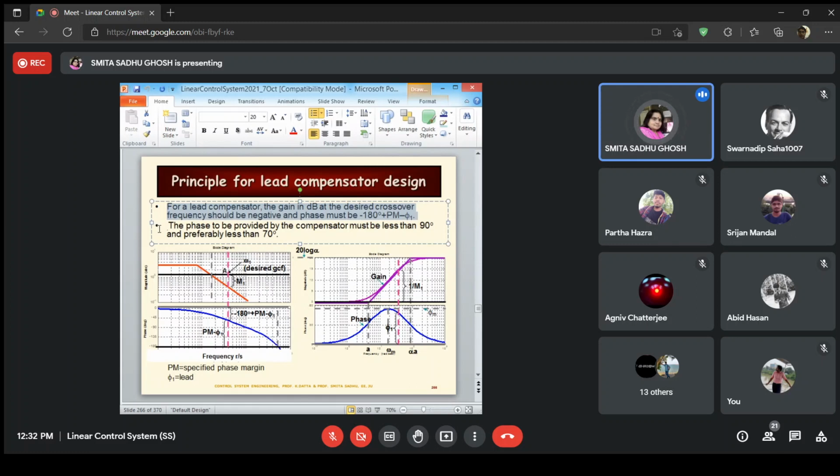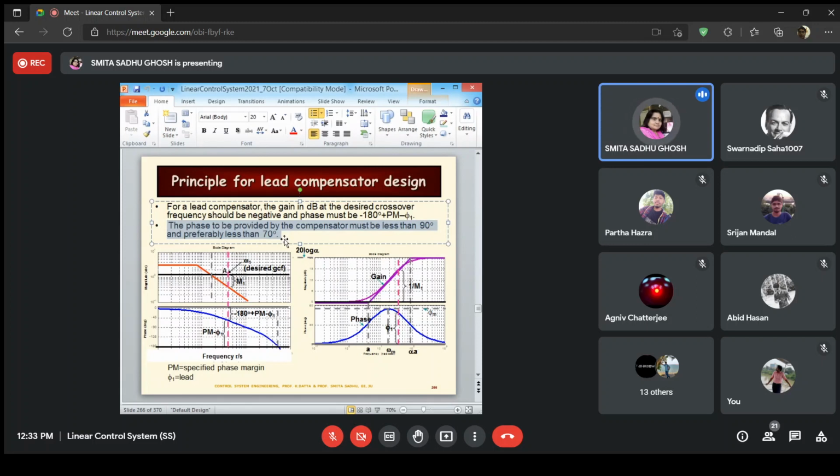Another thing that we have to keep in mind is the second point. The phase to be provided by the compensator must essentially be less than 90 degree and preferably less than 70 degree. In fact, when we were doing the Bode plot for this, we saw that the amount of phase lead can never be more than 65 degrees. So preferably less than 65 degrees is what we should be keeping, right?